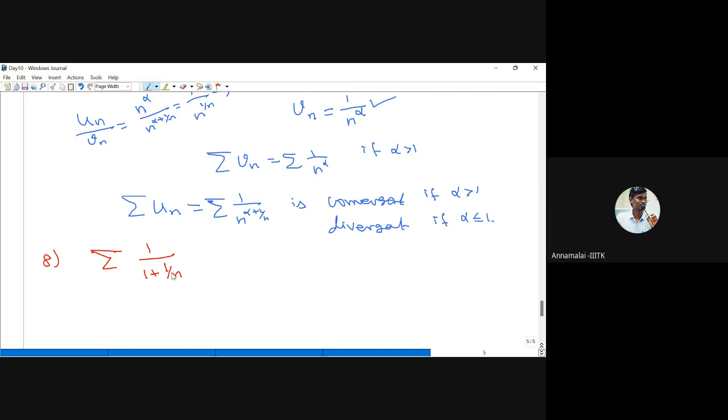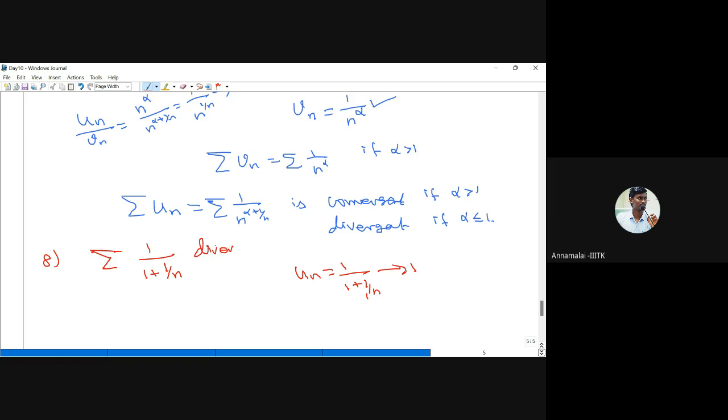Does this converge? Suppose this converges, then what can I say about the nth term? It tends to 0. But this converges to 1, because 1 by n goes to 0. Therefore, clearly, directly you can say this is divergent.